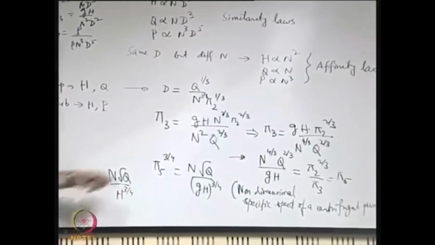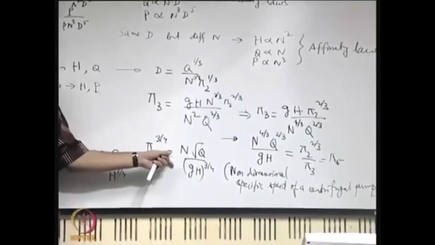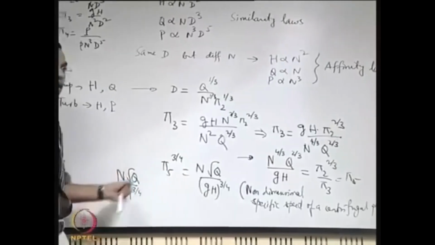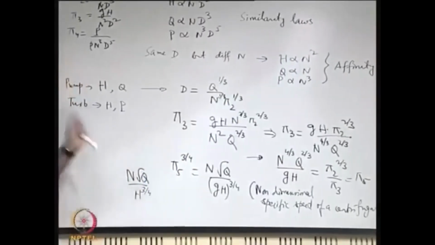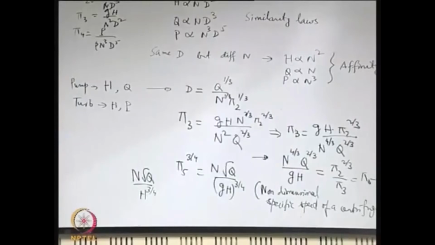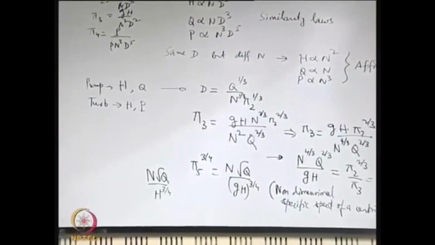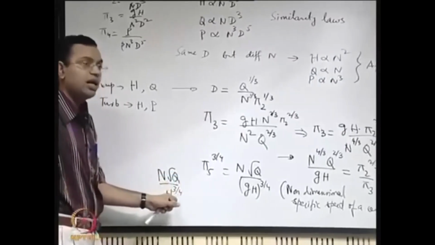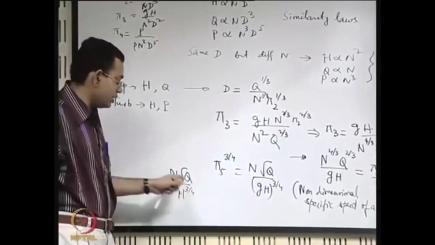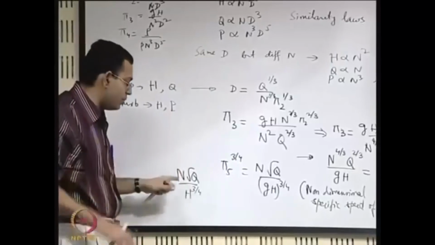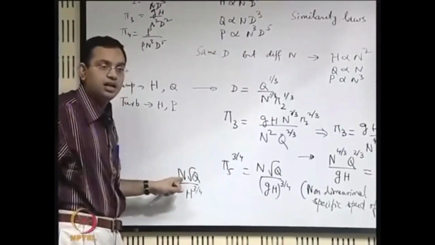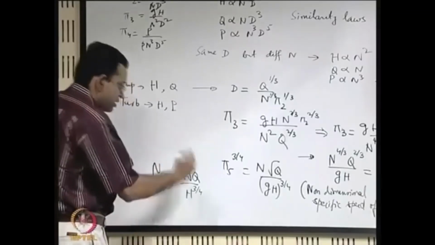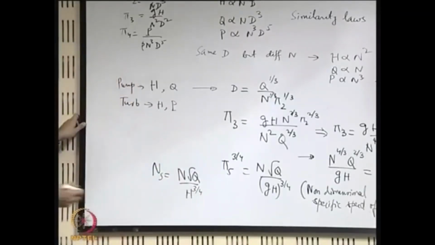It is going to give the same meaning as this parameter because g is a constant, but the only thing is that this is not a dimensionless parameter. But let us say that you forget about the dimension, you use some consistent dimensions, that is you consider Q equal to 1 and H equal to 1, then in whatever dimensions this will give some speed N, it will give back N. So that we call Ns, the dimensional specific speed.